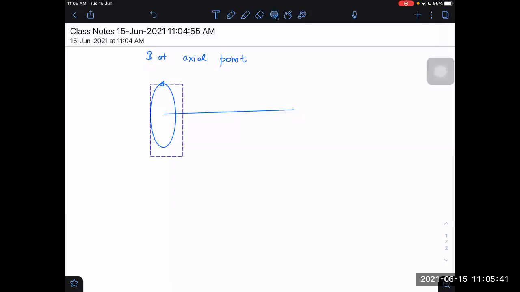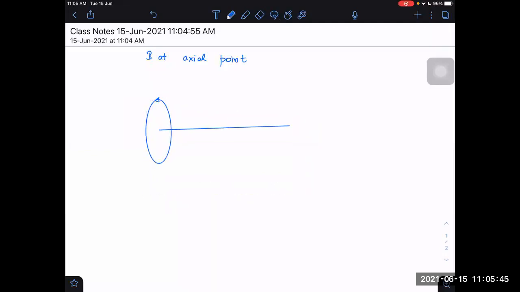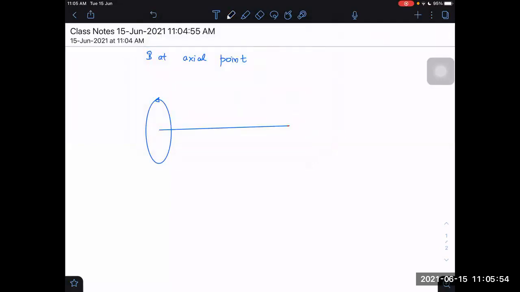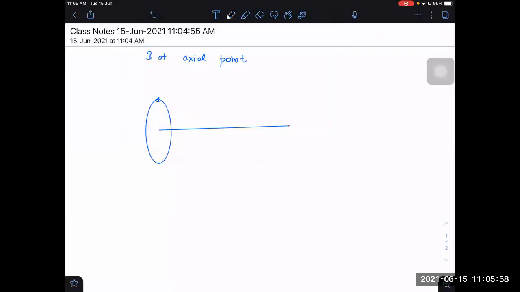Be at axial point. What would that be? What will be the direction of the field?